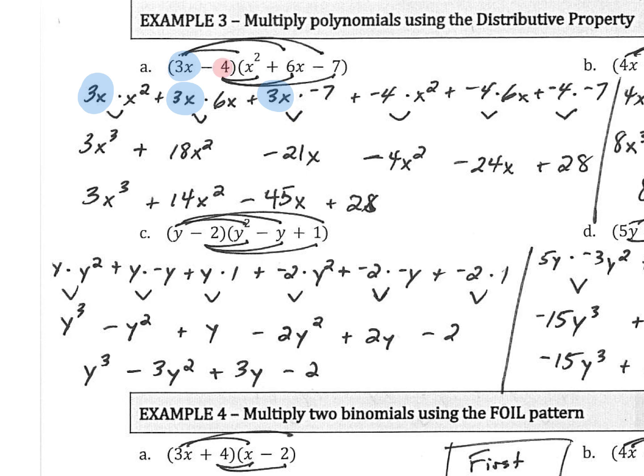Then we need to do negative 4 times all three of those terms. Negative 4 times x squared, negative 4 times 6x, and negative 4 times negative 7. So these terms in the second set of parentheses show up with each set of multiplication that we are doing.